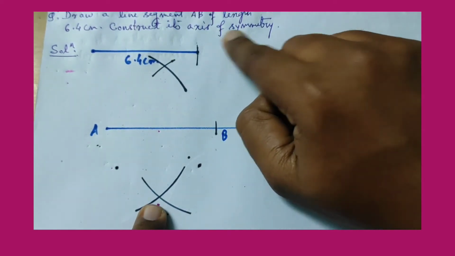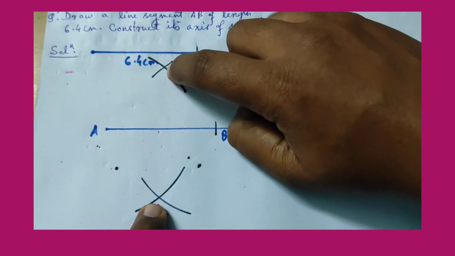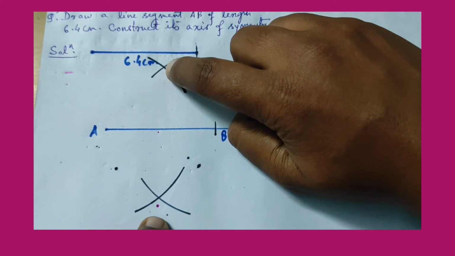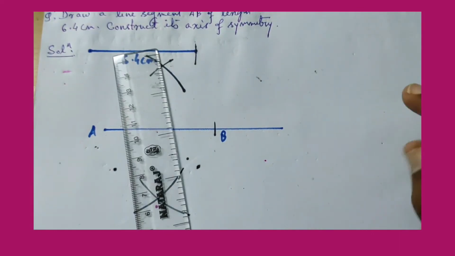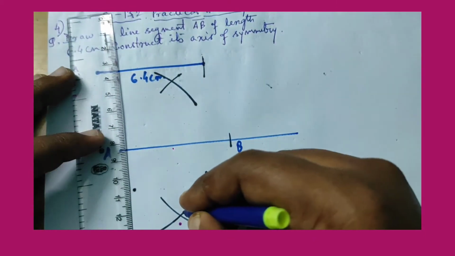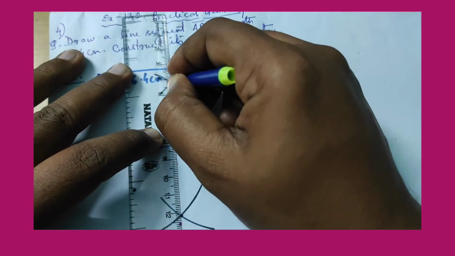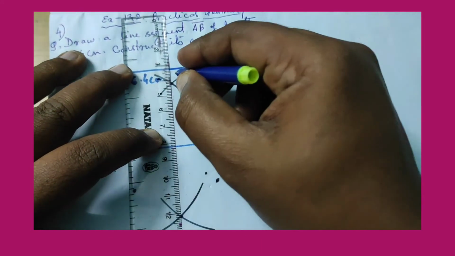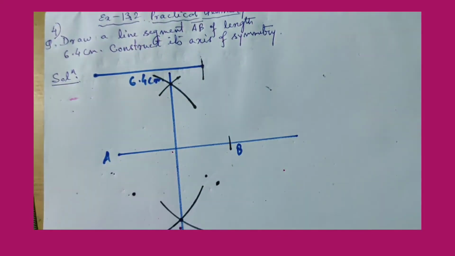So to get this line of symmetry, we will just join these two points of intersection, this and this, using a ruler. Let us join this point and this point, and we will extend them a little bit up and down, like this.